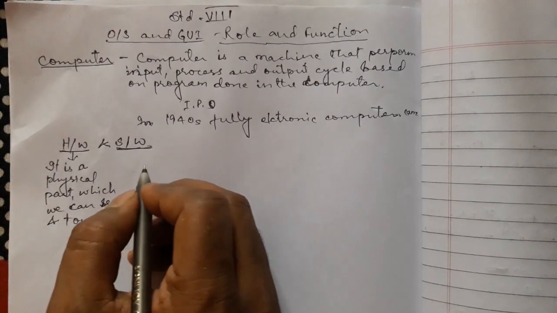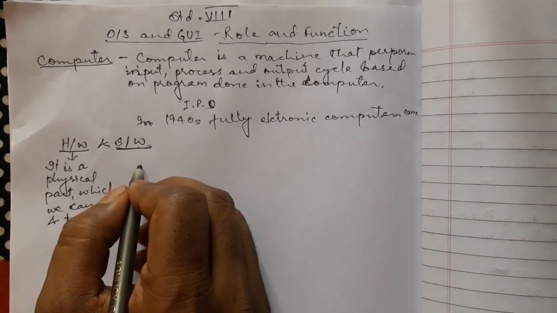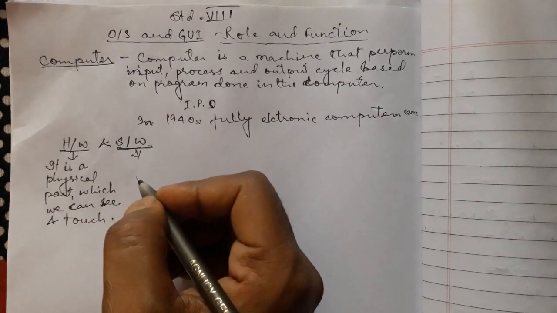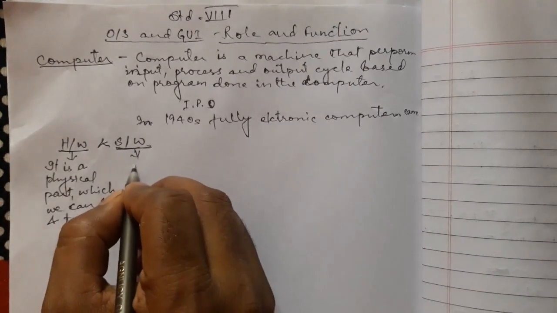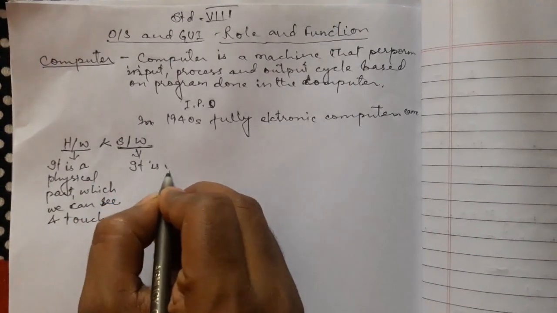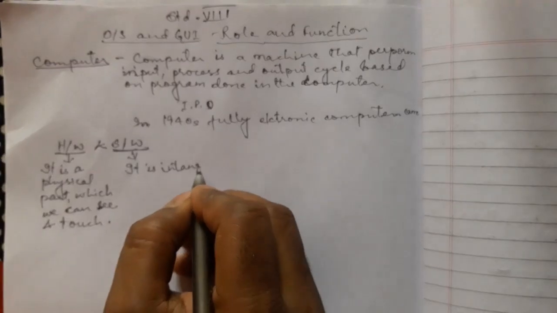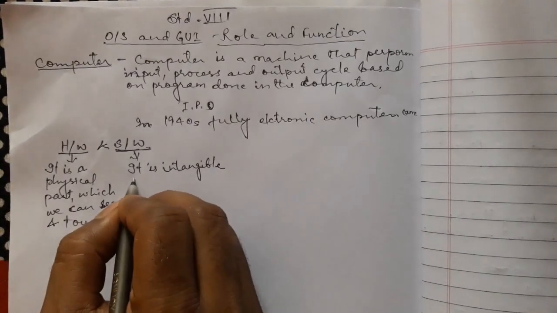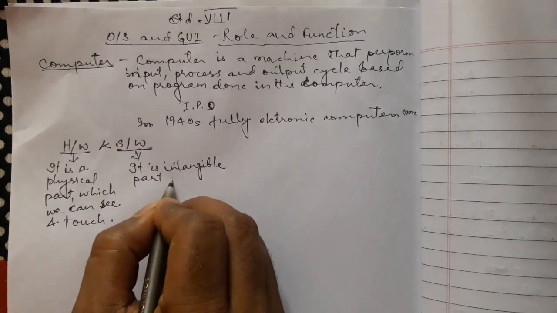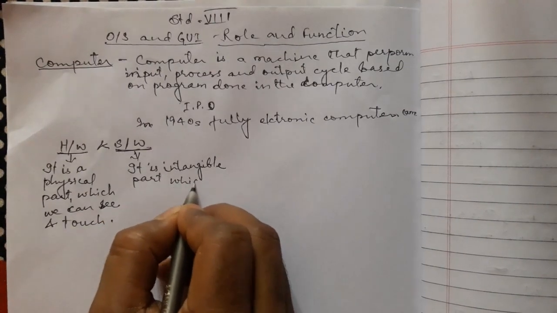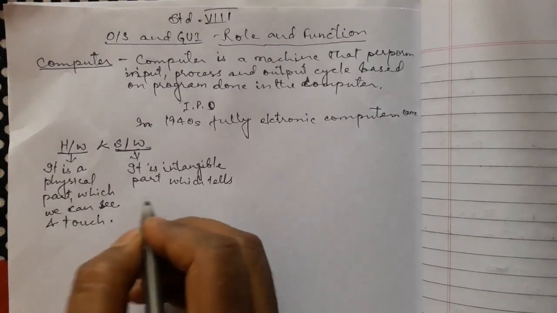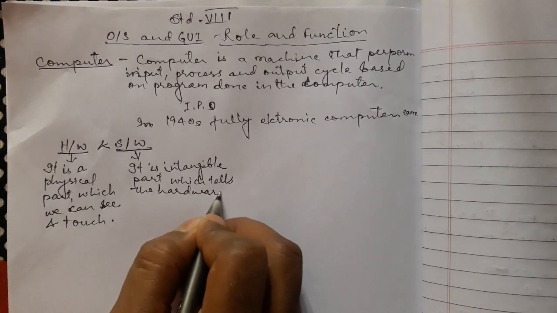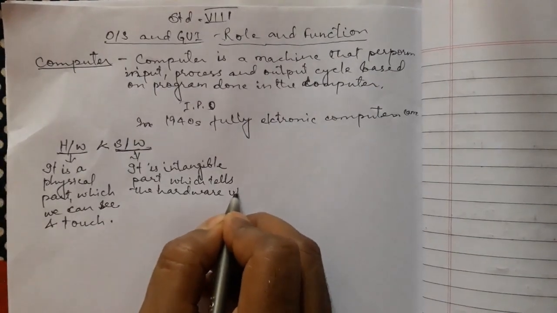So software is a non-physical part, it is intangible, you cannot see or touch. You can say that it is an intangible part which tells the hardware what to do.